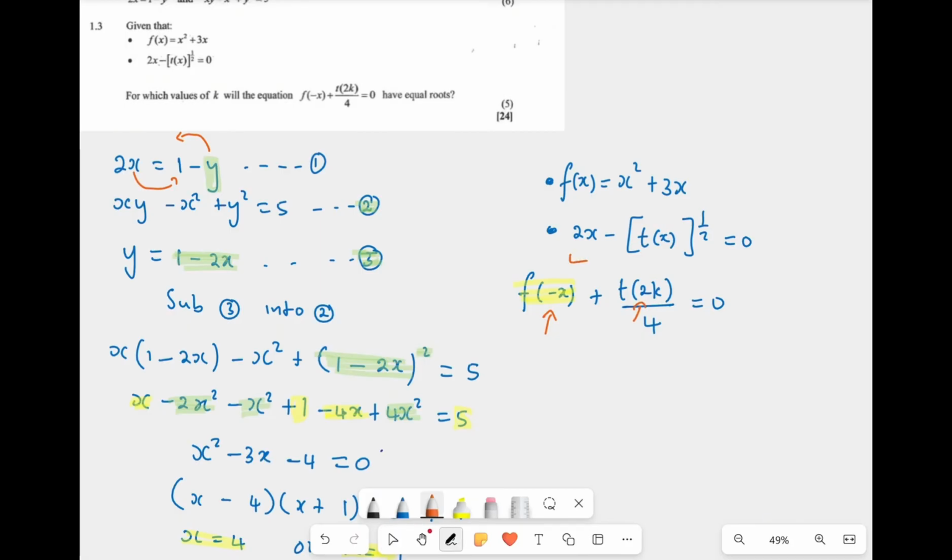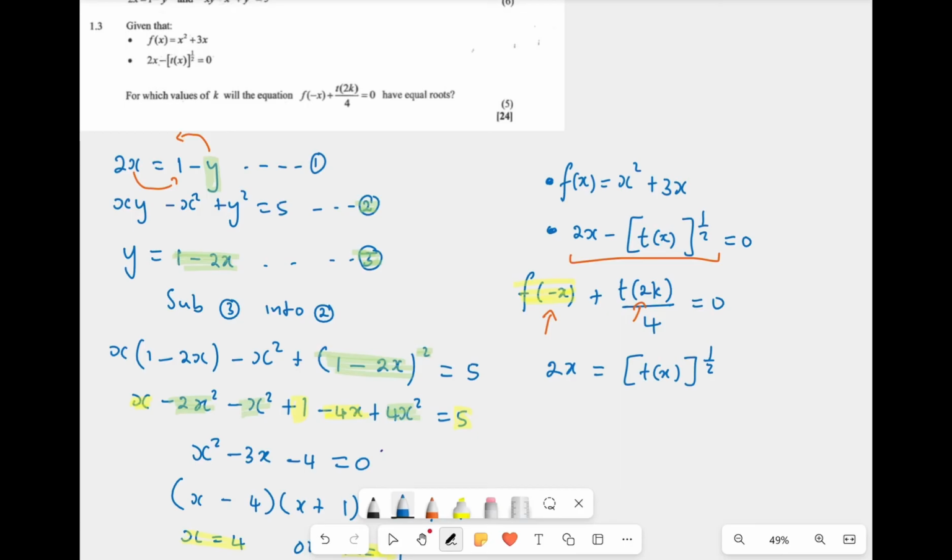But from equation number 2 here, I can make t of x the subject of the formula. So if I make t of x the subject, I am going to have 2x is equal to t of x to the exponent 1 over 2.